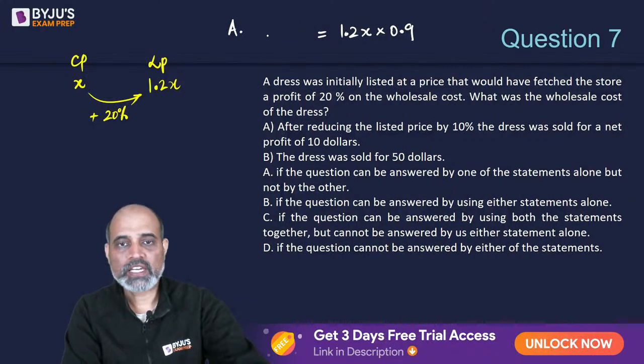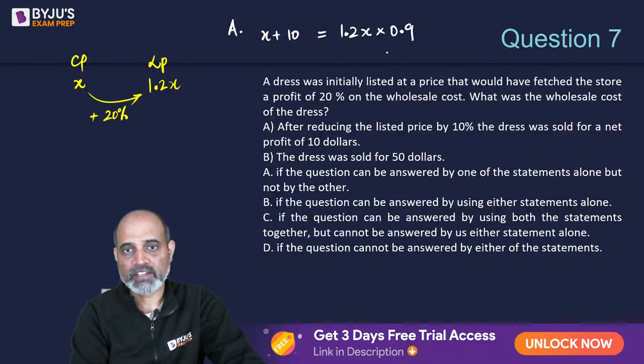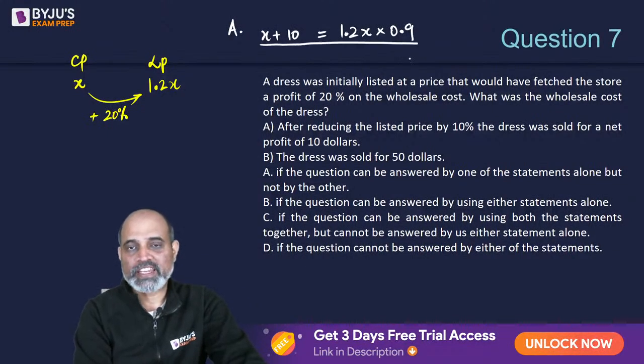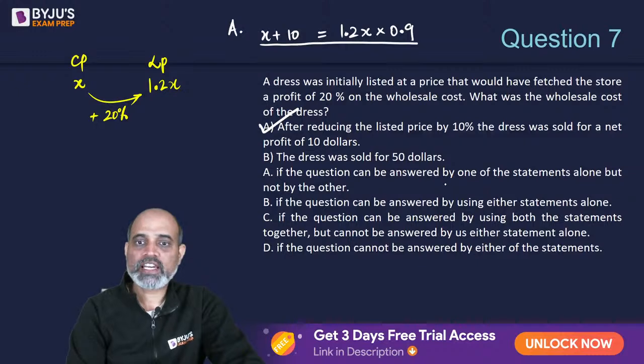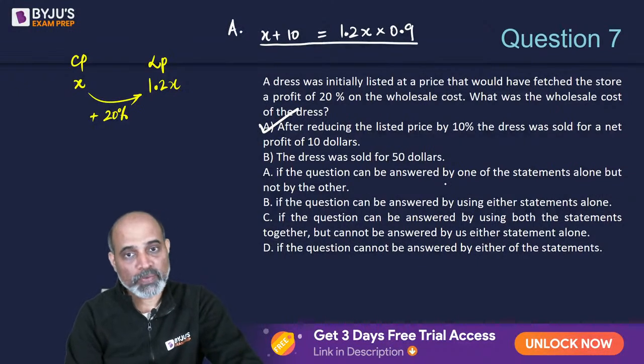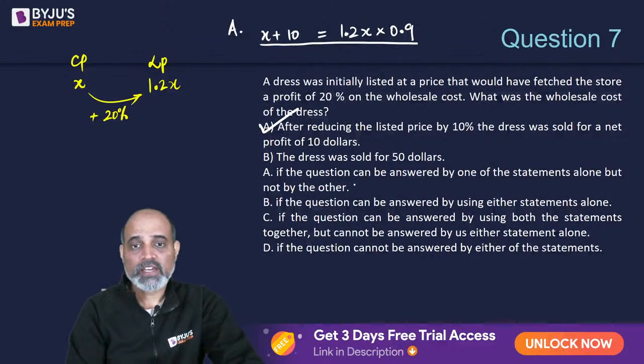So we can say that cost price plus profit, this is what we'll be getting. Since there is only one variable and one equation, we will be able to answer this question using this statement, right? So if the question can be answered by one of the statements alone and not by the other. So right now we can answer it using only statement A. B we haven't checked yet, right?